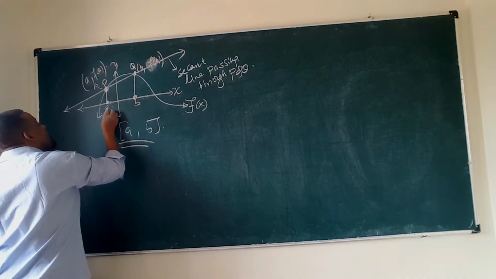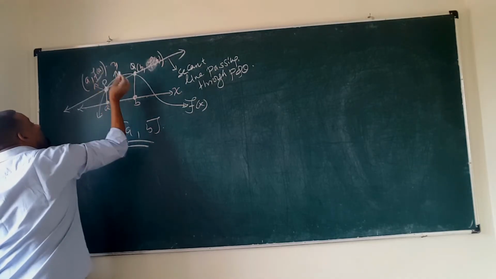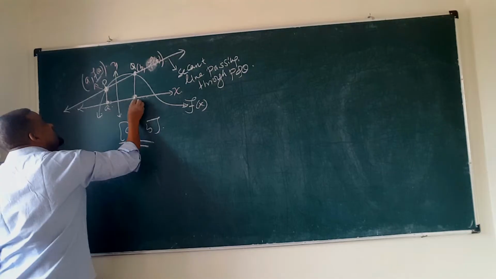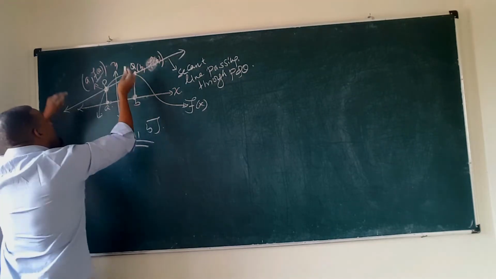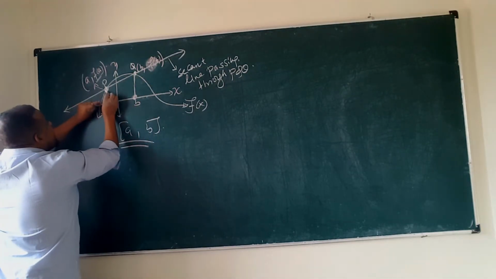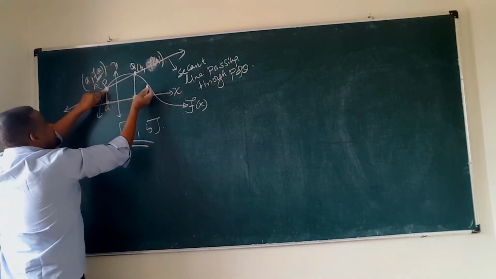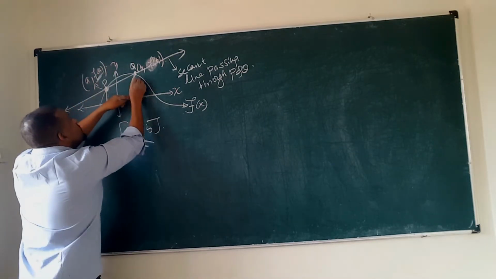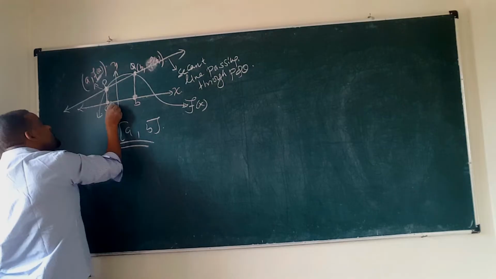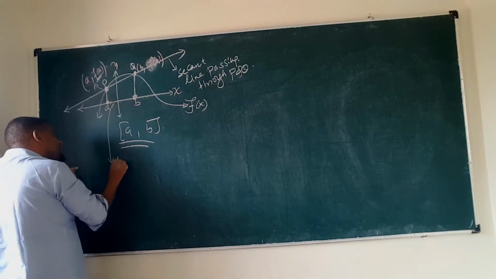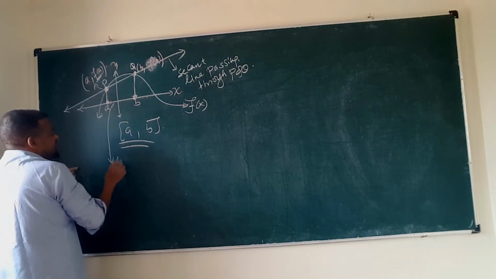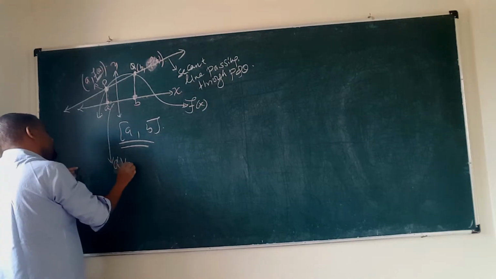When the value of x is a, the value of our function is f of a. When the value of x is b, the value of our function is f of b. Note that the function was f of a when x was a, but when x is b, it became f of b.